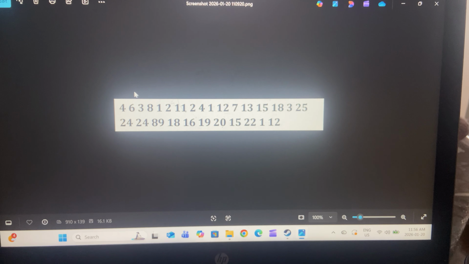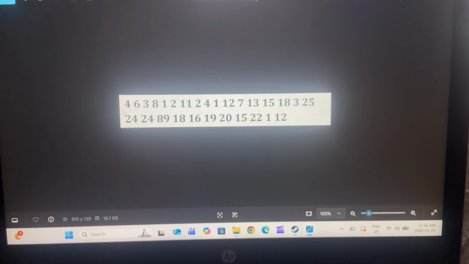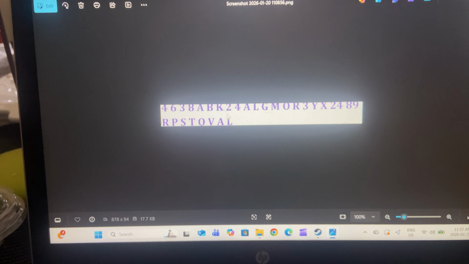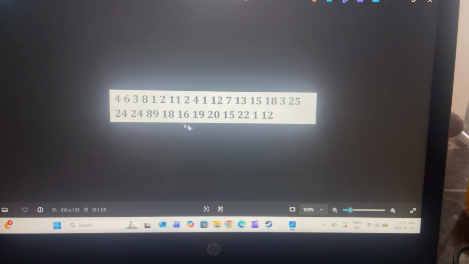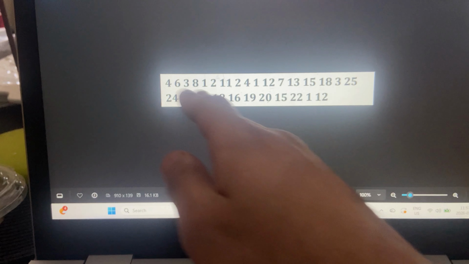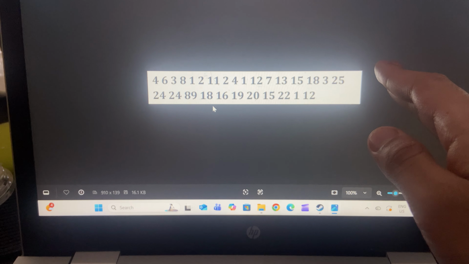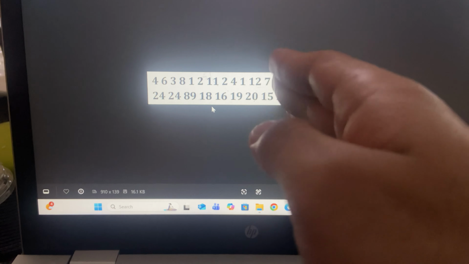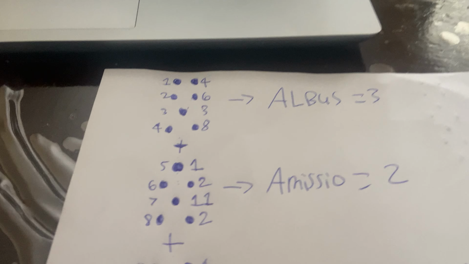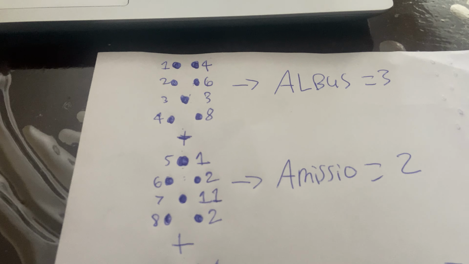basically the conversion of turning the letters like A, B, K, A, L, G, M, O, R into numbers via gematria. So in doing this, we have a complete numerical list of what the cipher means. Now we can cast our figures using these numbers enlisted right here.